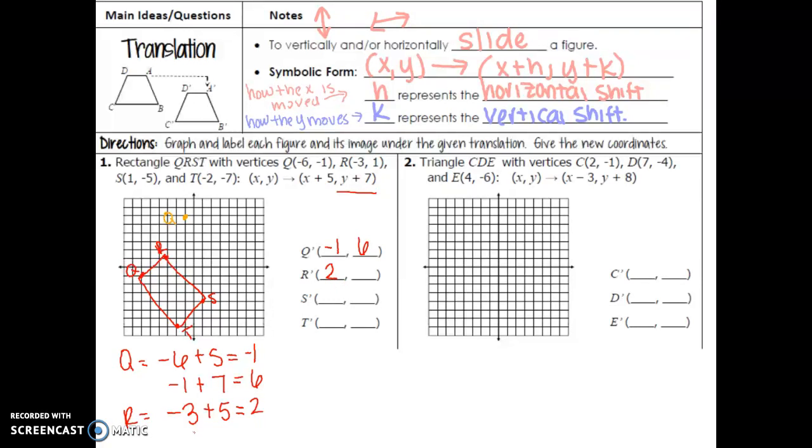So I'm going to start off with my normal y, that's 1. Then I'm going to add 7. That's going to give me 8. So for R prime, it's going to be 2, 8. So I'm going to start off 0, 0, 1, 2, then I'm going to go 8 in the y direction. 1, 2, 3, 4, 5, 6, 7, 8. Forgot my prime. So that is going to be R prime.